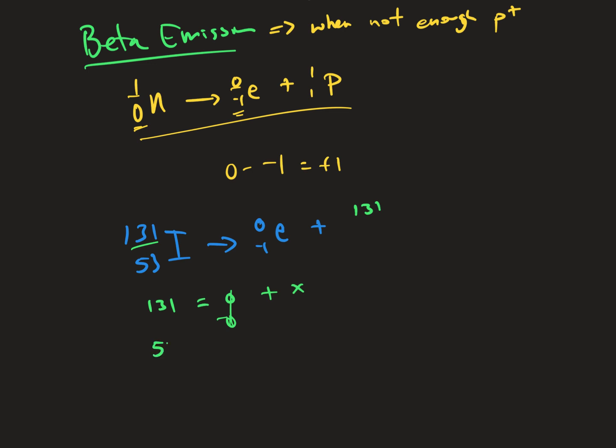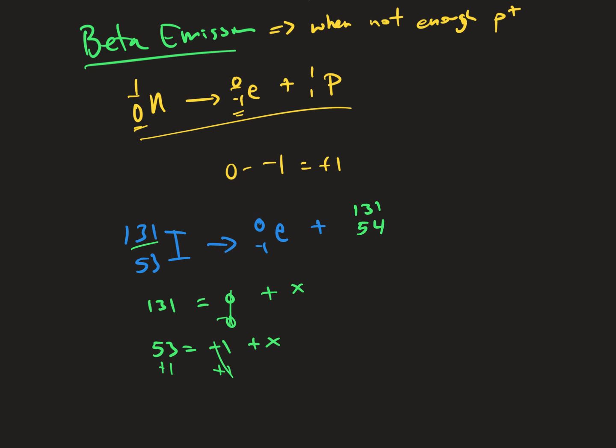If we go 53 is equal to negative 1 plus x. What do we do to solve for x? We add 1. And it's 53. Sorry, it's 54. I made the mistake, didn't I?